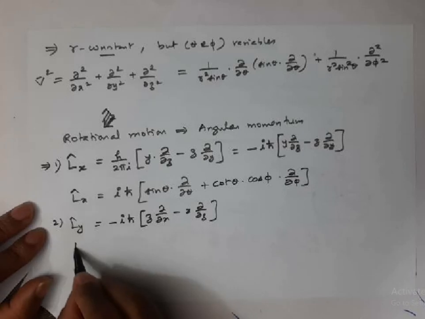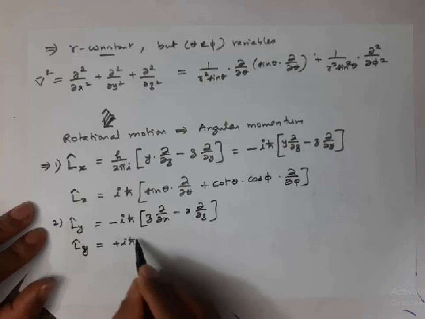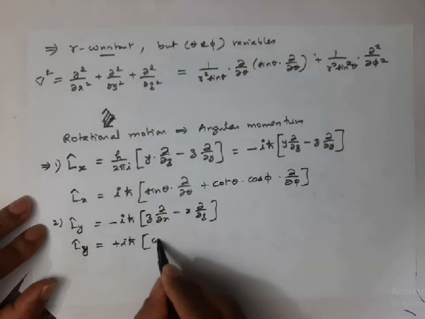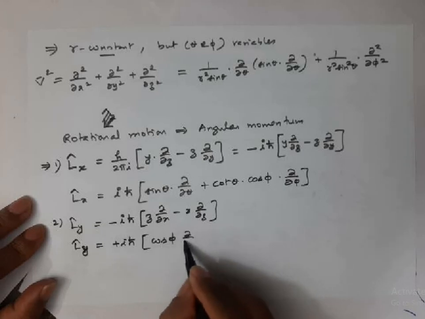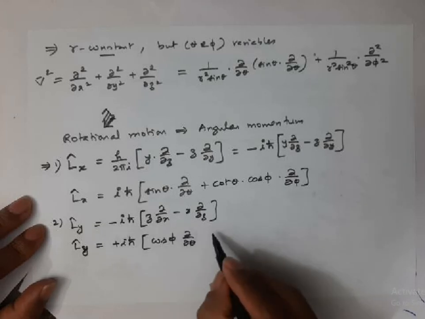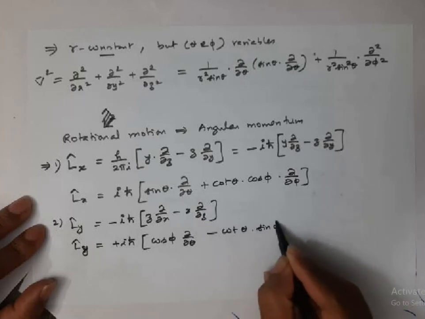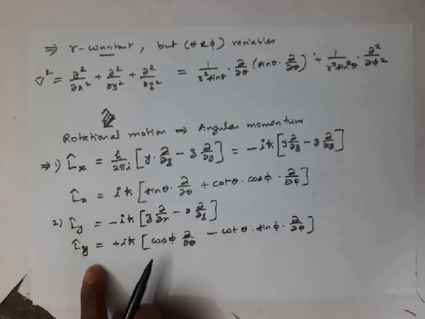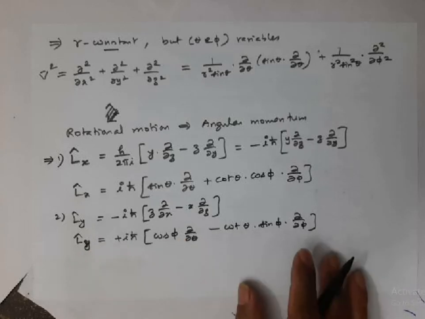And in spherical polar coordinates, this y component of angular momentum is given as plus i h bar (cos φ ∂/∂θ minus cot θ sin φ ∂/∂φ). This is the y component of the angular momentum operator in spherical polar coordinates.